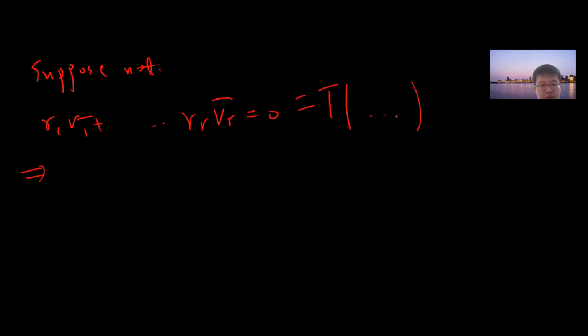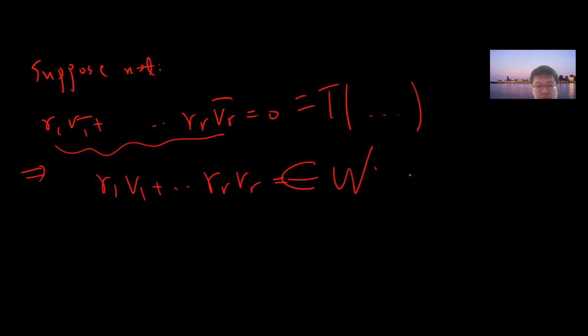Suppose not means that you get gamma 1 V1 bar up to gamma r Vr bar equal to 0. But 0 means that all of these are in W, so gamma 1 V1 up to gamma r Vr is some vector in W. So it means that you can write it as lambda 1 W1 up to lambda m Wm.